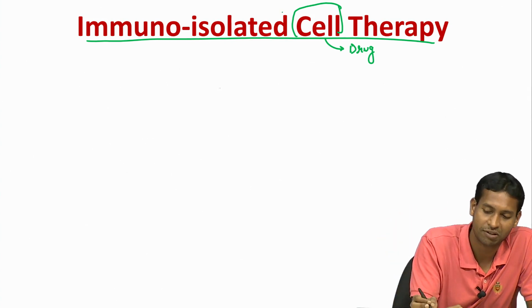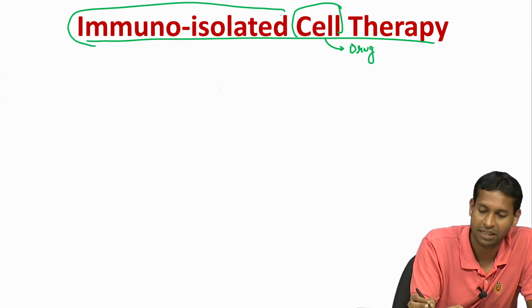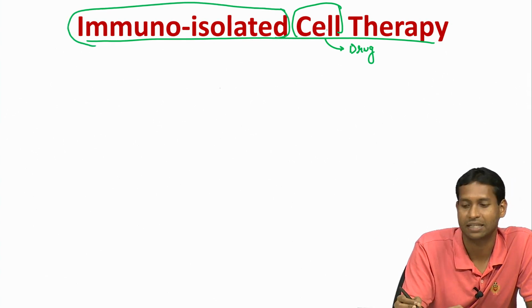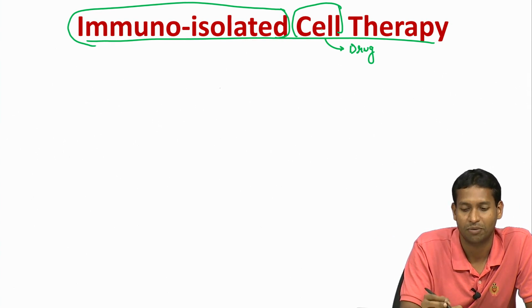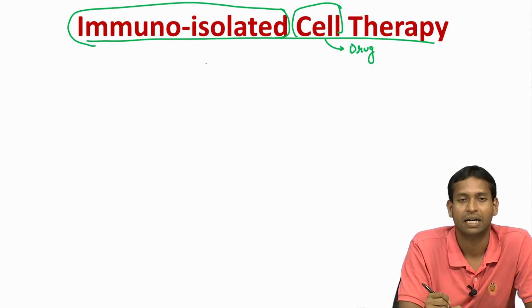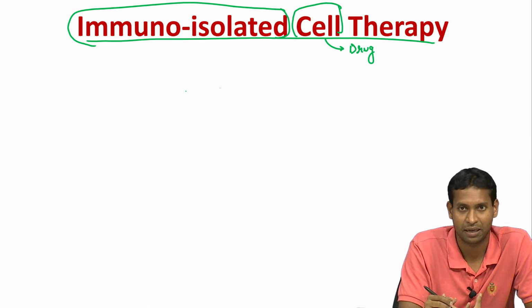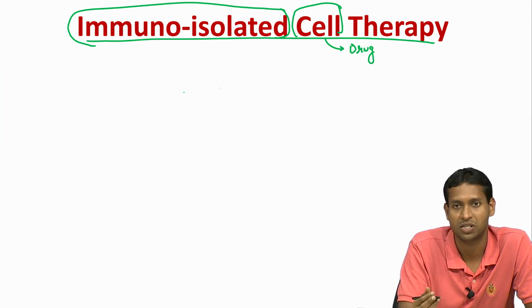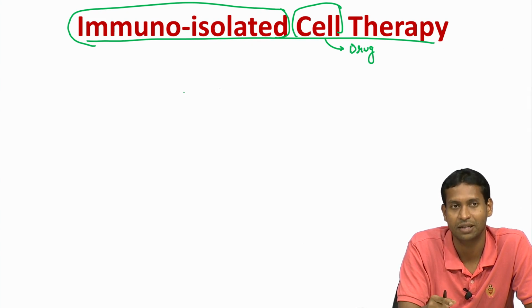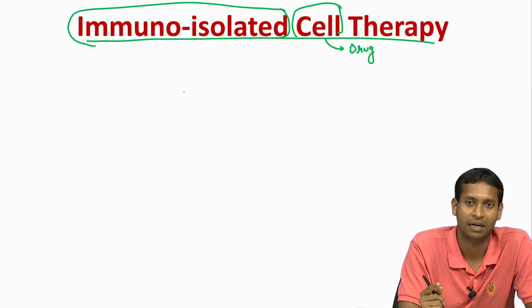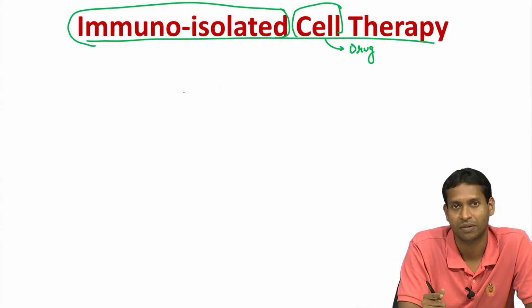And when I say immunoisolated, what does this term mean? This term means that I want to isolate the cell that I am delivering from the immune system of the host, and this could be due to several reasons. Typically, if I am putting in cells from an external source, which means from some other patient, into my body, my immune system is going to recognize this as not being a self antigen, and it will start adapting to that particular cell and start killing it.